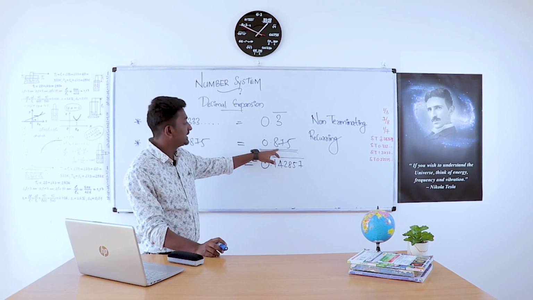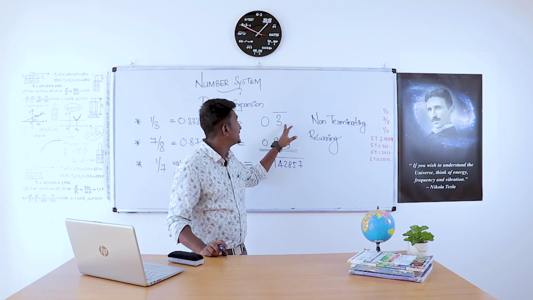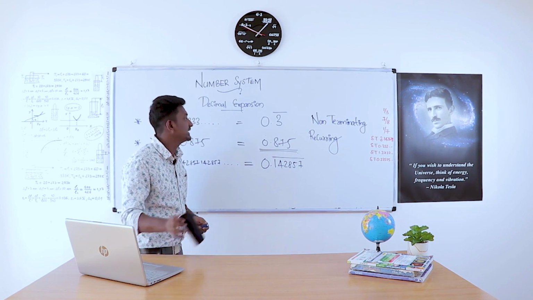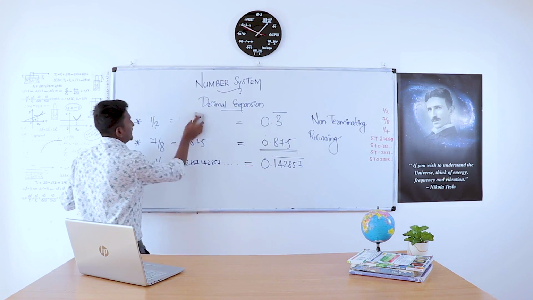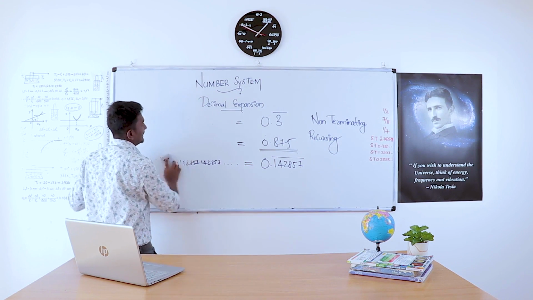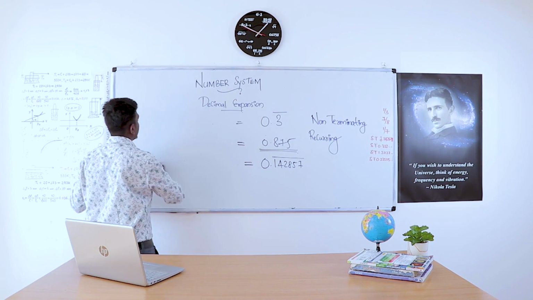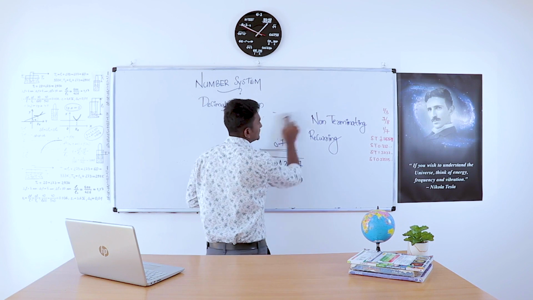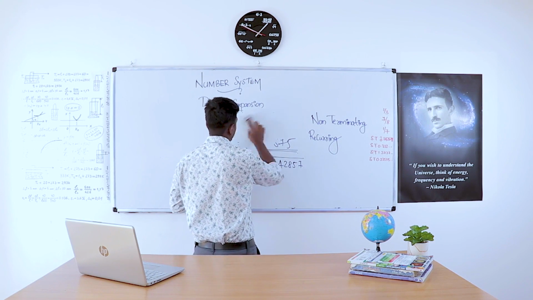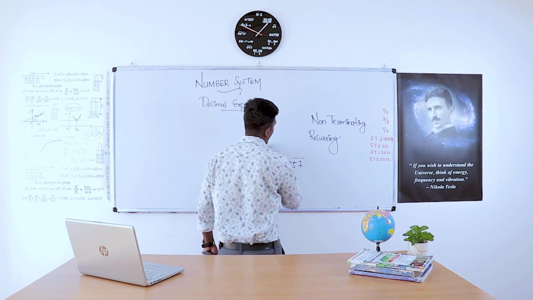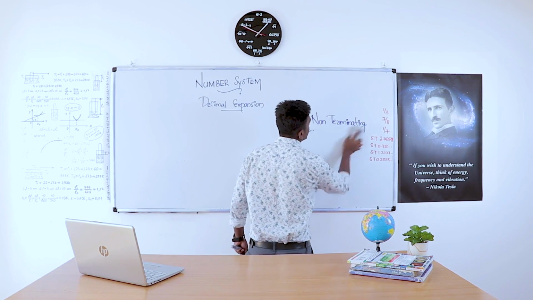These are terminating decimal forms, and the repeating ones are called non-terminating recurring decimal forms. I think it's clear to you what is terminating and non-terminating recurring. Okay. Now we can go through some problems related to this topic.